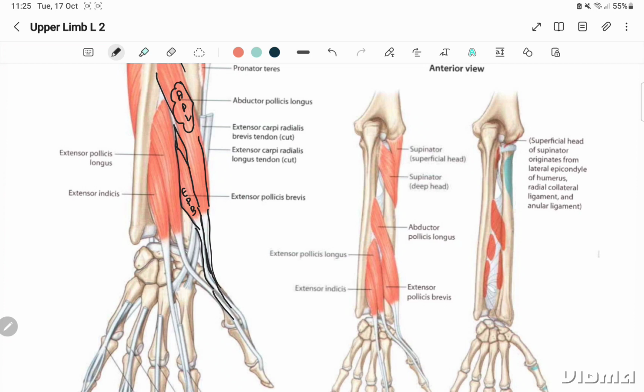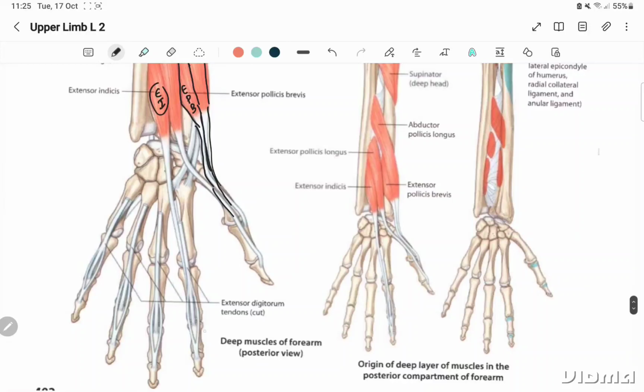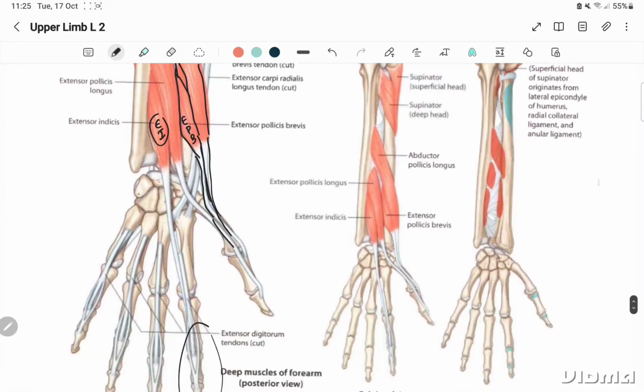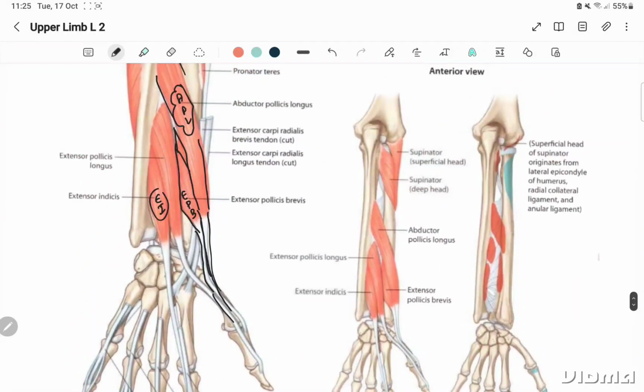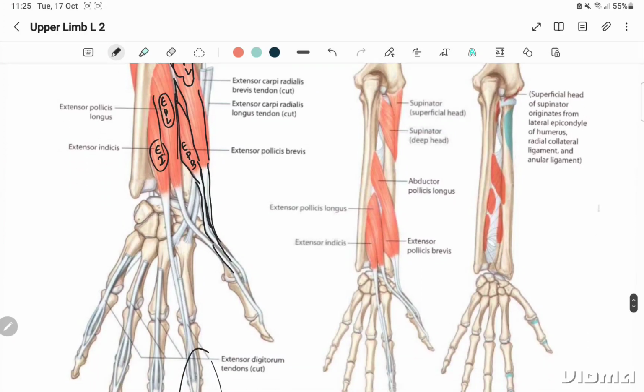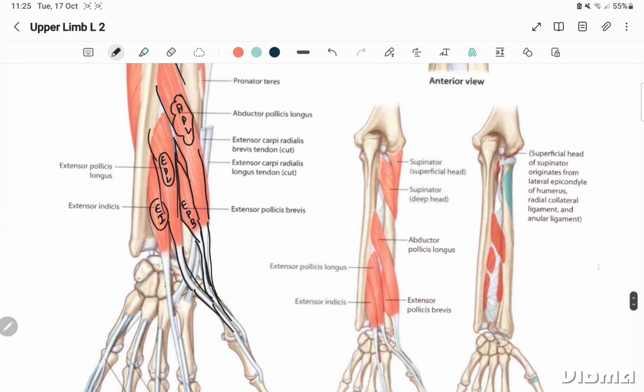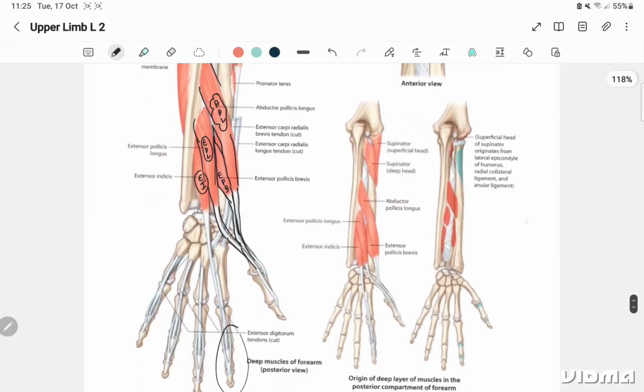Okay, APL and EPB tendons are here. Extensor indicis, which goes to the index finger, terminates in the tendon at the index finger, and the extensor pollicis longus is also present here, which terminates in the thumb as well. Okay, EPL, EPB, APL, and extensor indicis.